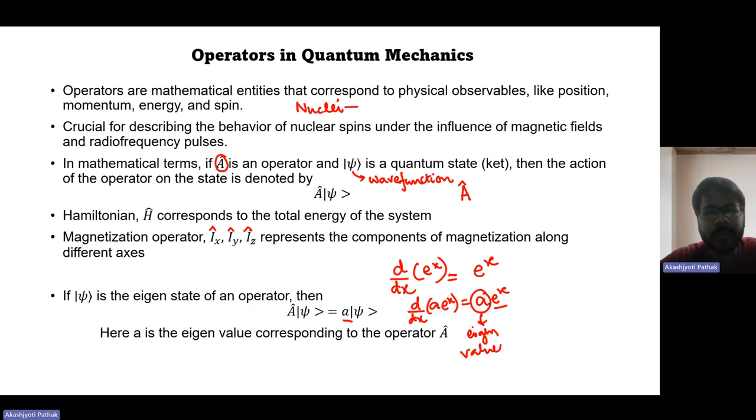If we want to describe the behavior of a nuclear spin under the influence of a magnetic field and radio frequency pulses, when we were discussing INEPT and other 2D NMR experiments, we were seeing the experimental setup and the pulse sequence.